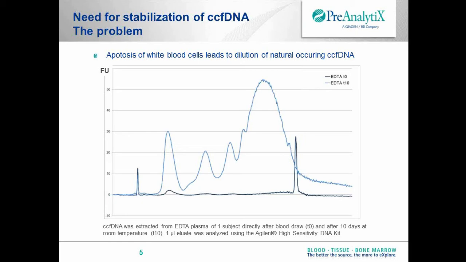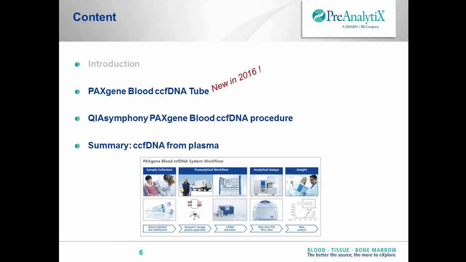Therefore, our idea was to develop a system that prevents the white blood cells from lysis, and also facilitates a streamlined workflow for ccf isolation, to have all the benefits of this complete system.